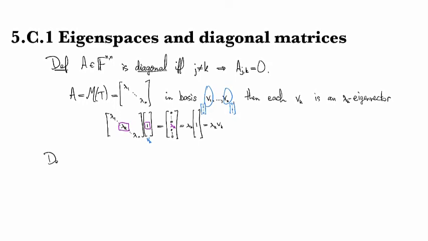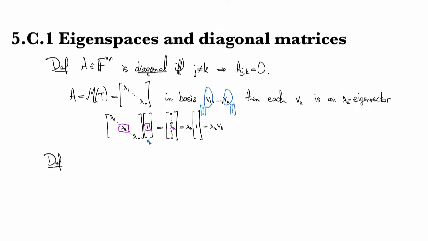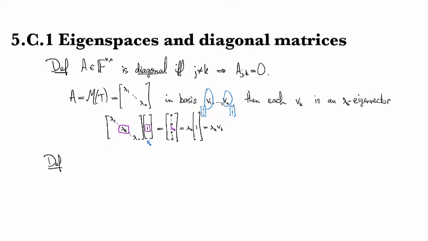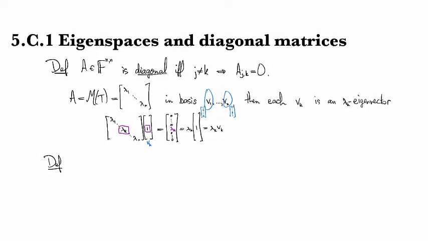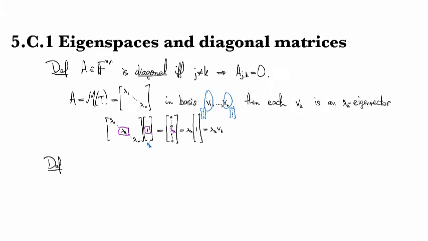So we're going to be looking at diagonalization, meaning when is it possible to put a matrix in diagonal form, or in other words, find a basis in which the matrix of the operator is diagonal.